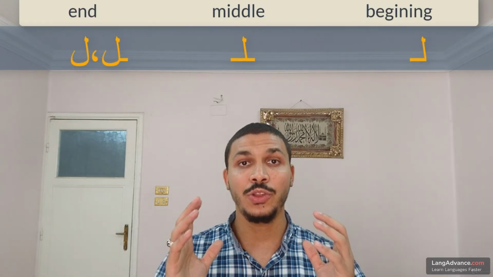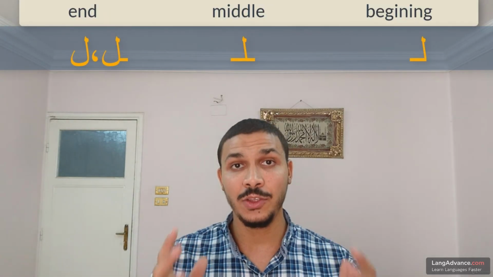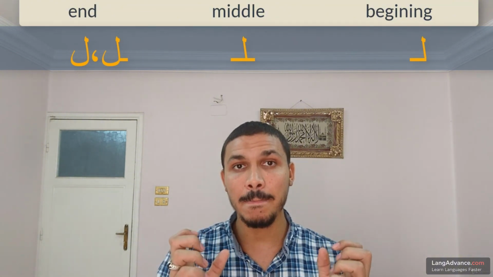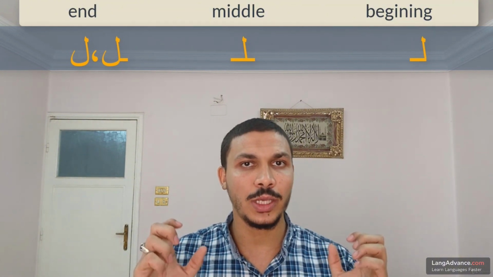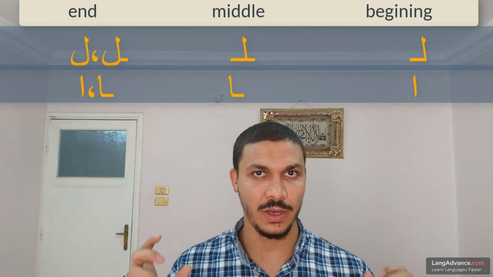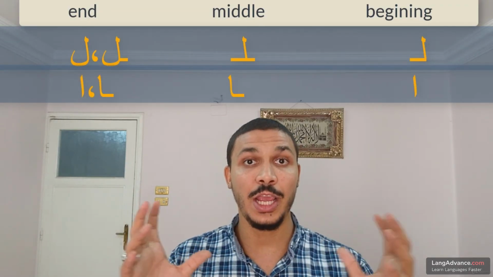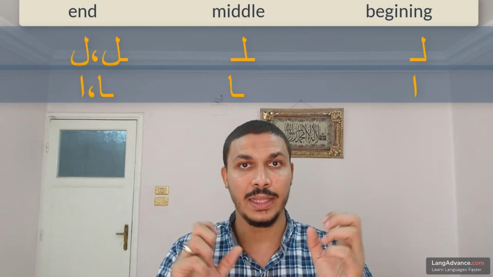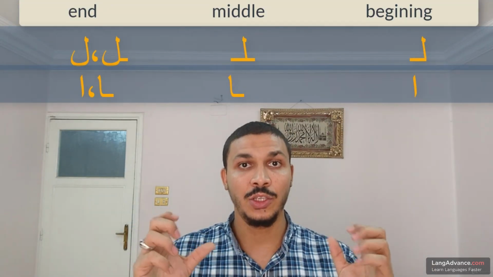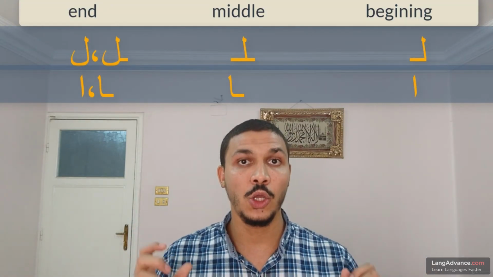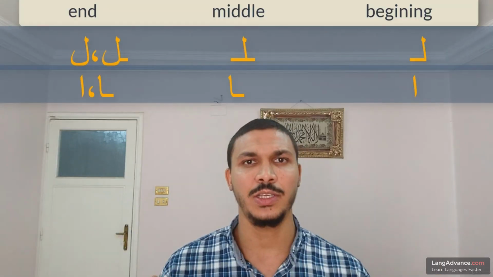Okay, now lam. I want you to pay attention because lam might look like alif. I'm talking about shapes. When we connect alif and lam in a word, these two letters might look very similar.